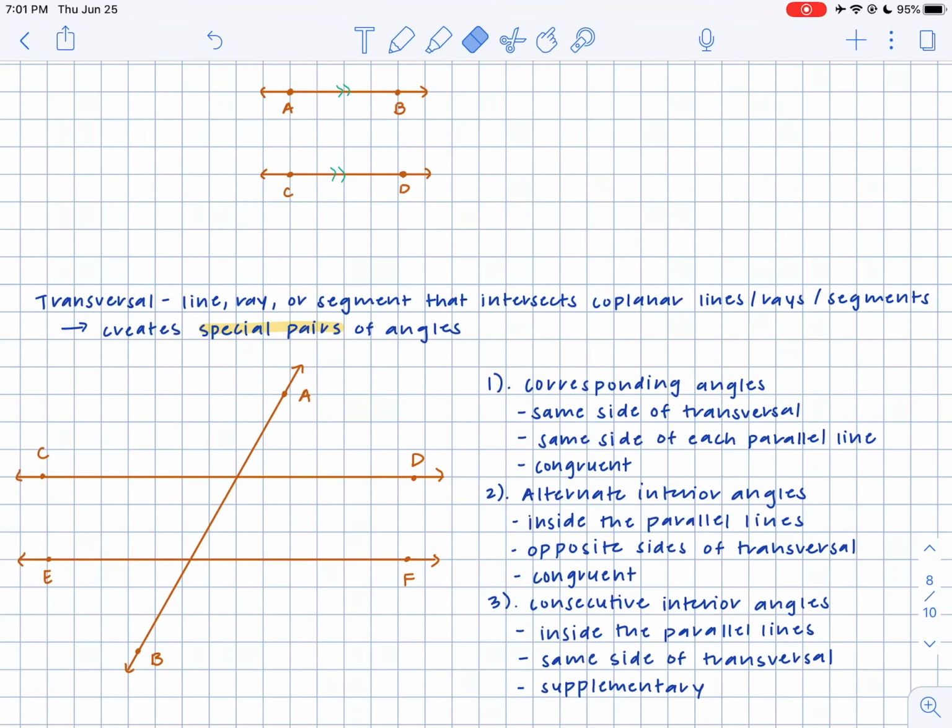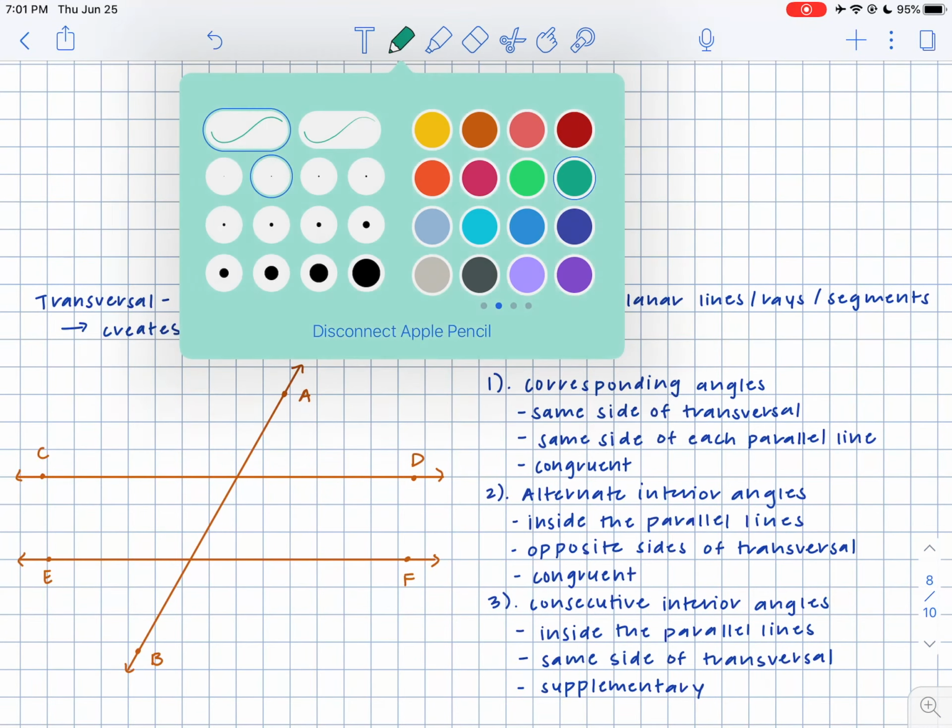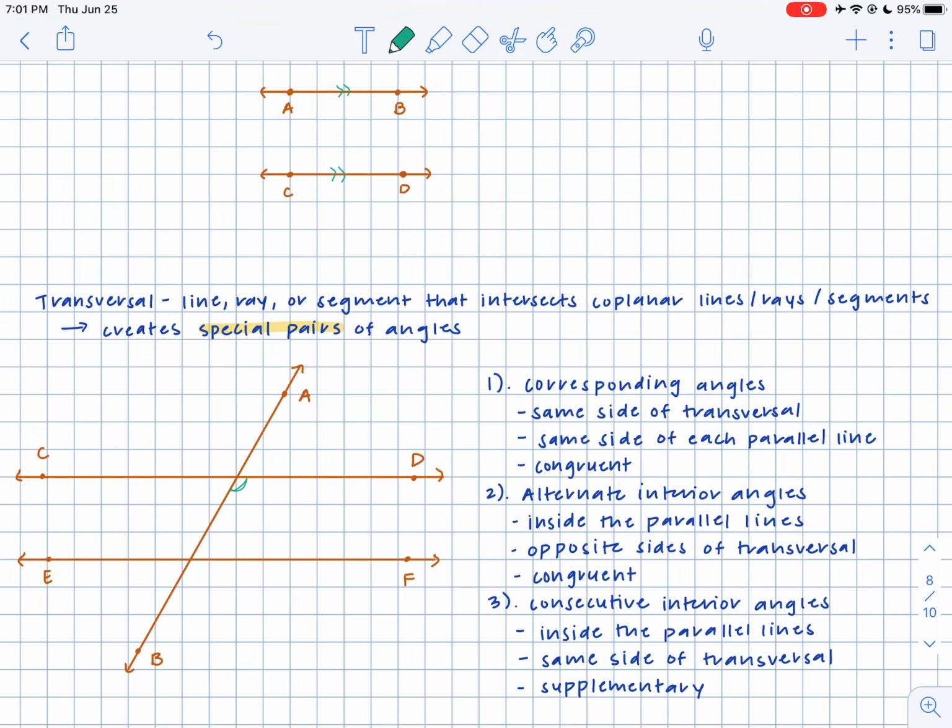Okay, so let's get into the second type, alternate interior angles. So I'm going to tell you that this and these pairs of angles are alternate interior angles. Well, for one, they're inside the parallel lines, so that would be any angle in here. Could be this one, this one, this one, or this one. And they are on opposite sides of the transversal.